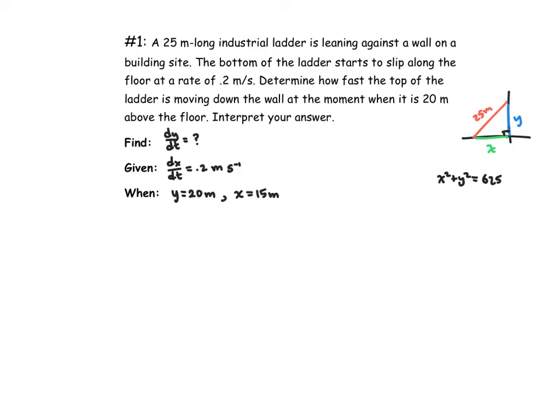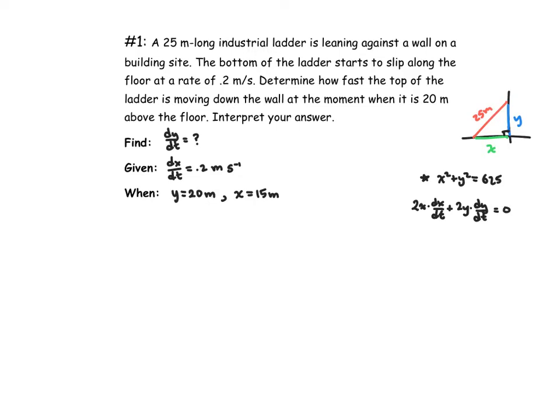Now I believe I'm ready to work. I'm going to take the derivative of this implicit relation and write it out. So 2x times dx/dt plus 2y times dy/dt is equal to the derivative of 625, which is 0.